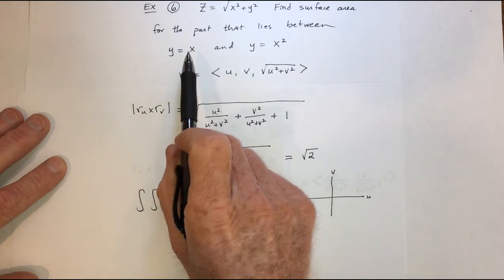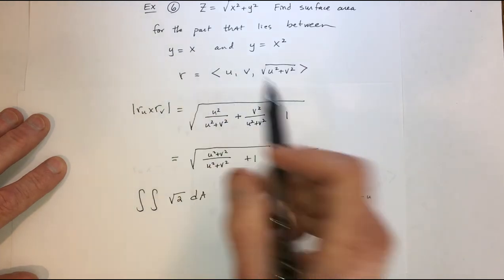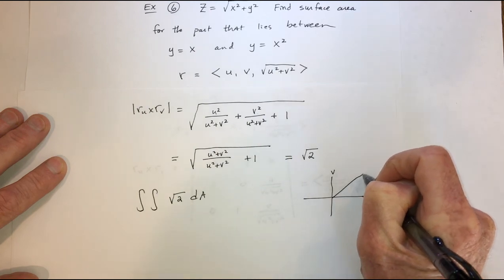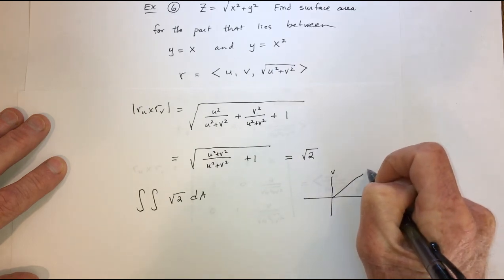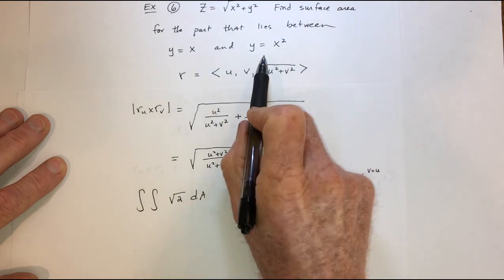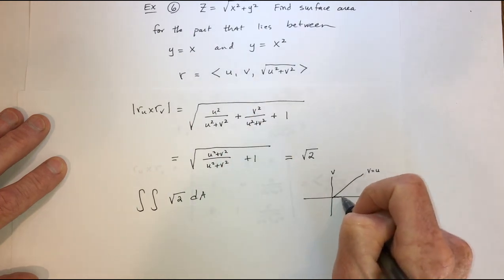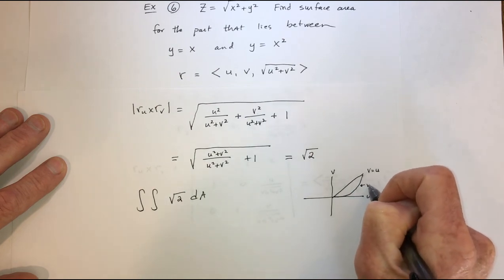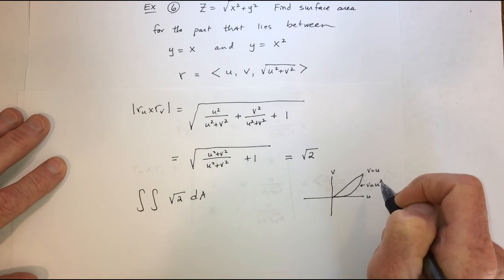And then this one is just a straight line, just like y equals x, or the line v equals u. And then this one is a parabola going like this, the parabola v equals u squared.